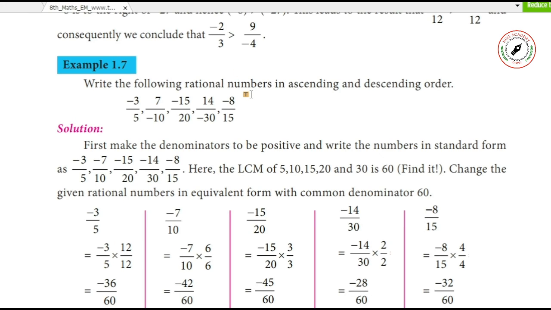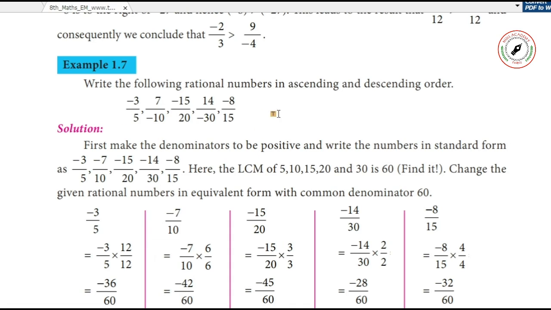Write the following rational numbers in ascending order and descending order. If you find ascending, then you can also write it in descending. See the numbers below: 5, minus 10, minus 20, minus 30, 15.